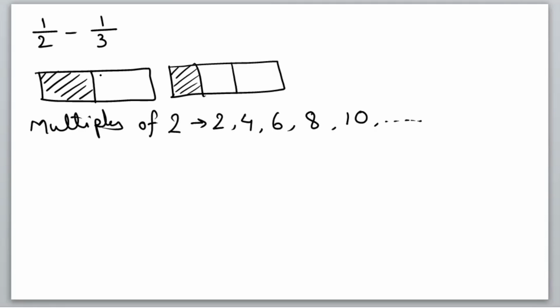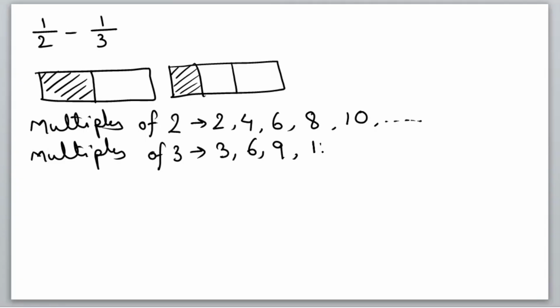Now we have to write the multiples of 3. Multiples of 3 are 3, 6, 9, 12, 15. Okay, we are taking till 5 times only.